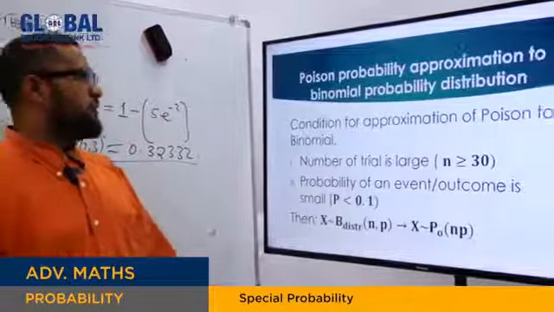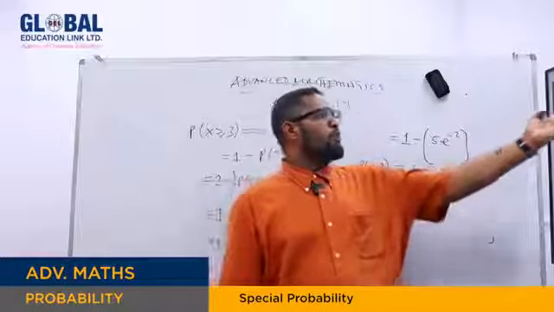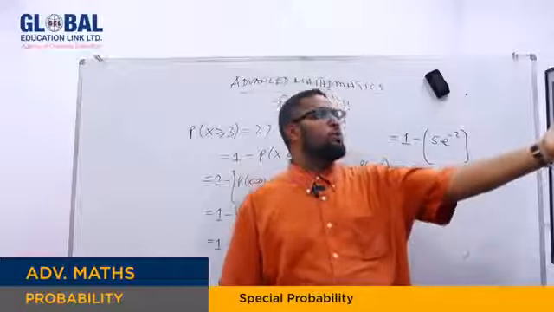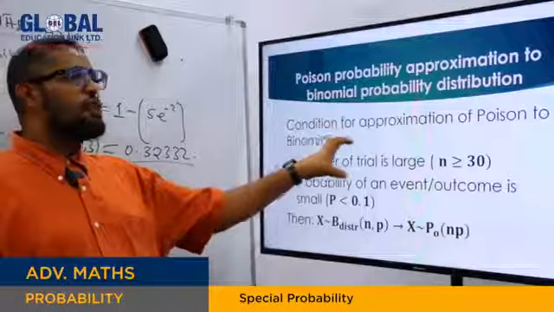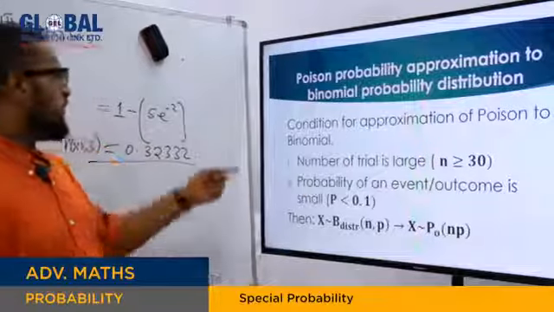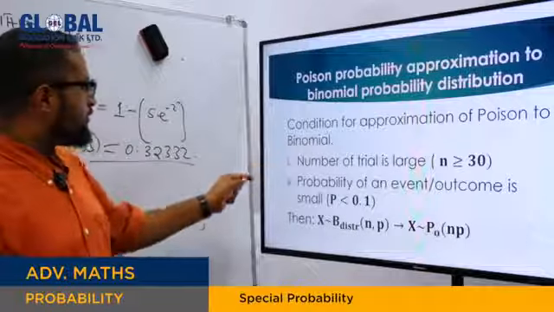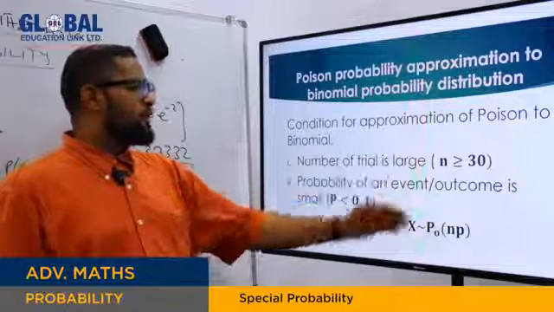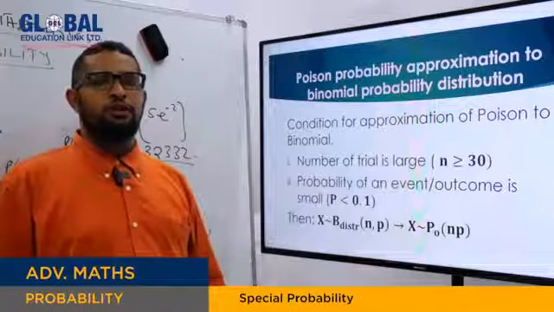Now, to do it, you need to know the concept of Poisson probability approximation to the binomial probability distribution. So that question falls on this part. Now, conditions for approximation of Poisson to binomial. First, the number of trials is large, for example, greater than or equal to 30.